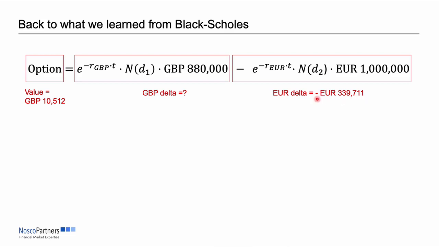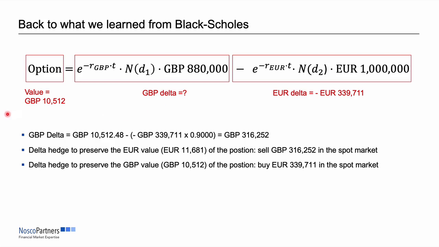339,711. Actually, it's a negative amount because this is a euro put. We also have the value. The value of the option is £10,512. So what I need to do is solve for the pound delta. In order to do that, I convert everything into pounds and solve for the pound delta. I have done it here.